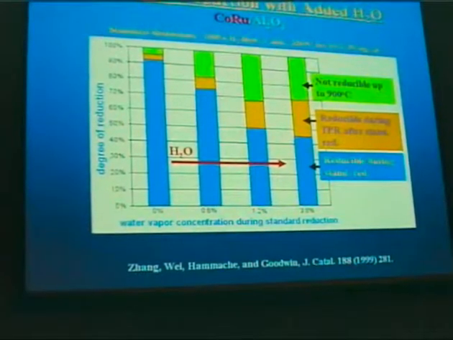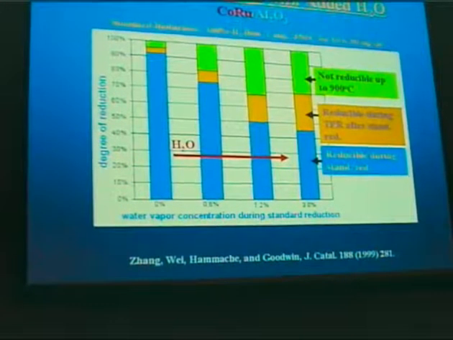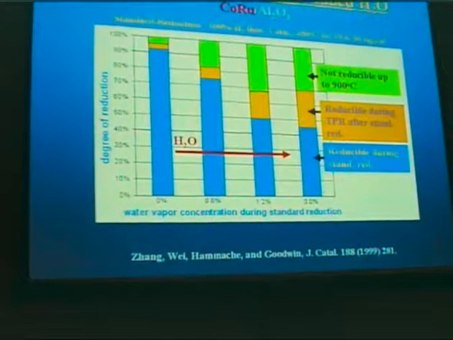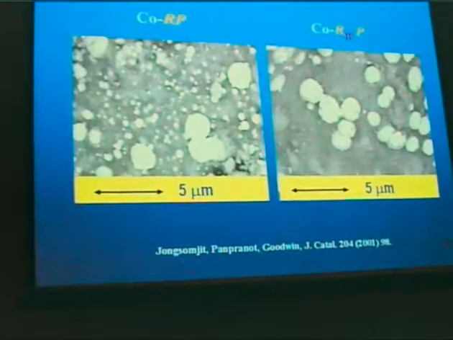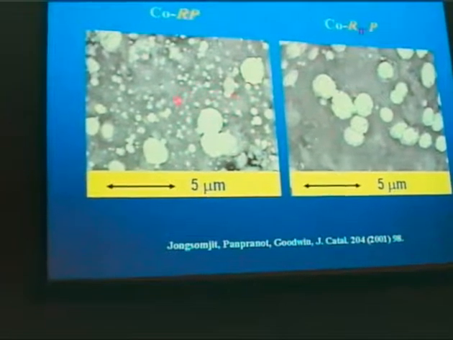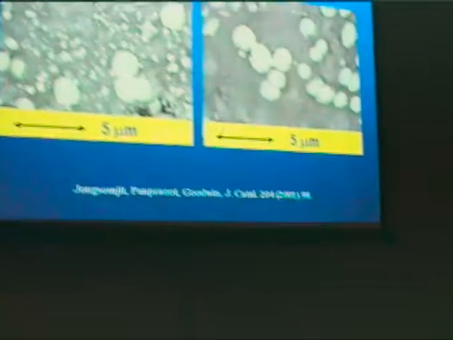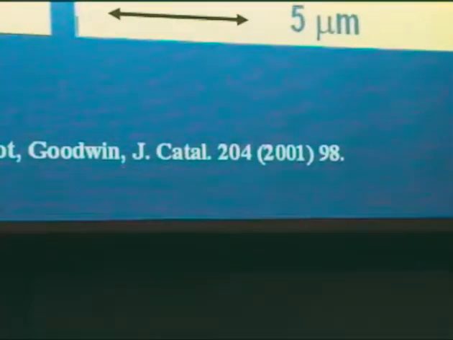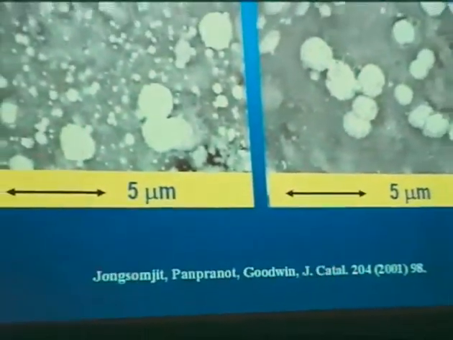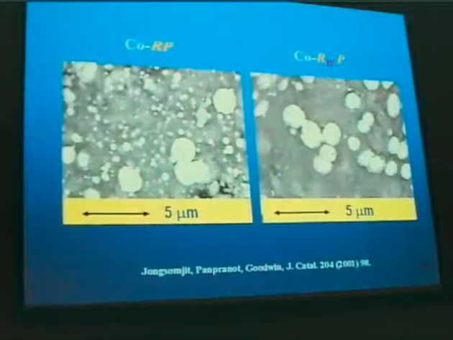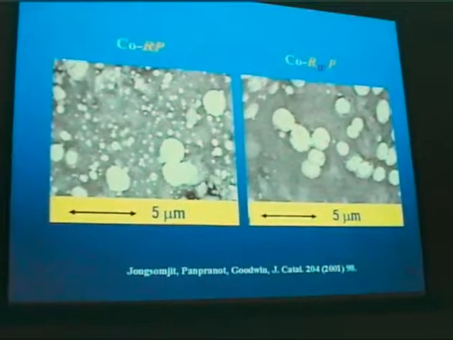And this is some form of cobalt aluminate in the case of alumina, and obviously silicate in the case of silica. You can even see the effects in an SEM picture, where you don't see the highly dispersed metal clusters or particles as much. Certainly the big particles are still there because they are almost independent of the support.